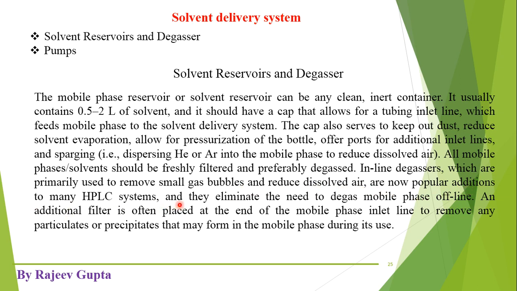Also vacuum pumps or sonicators could be used, but the most effective degasser is purging or dispersing these inert gases inside our mobile phase. These eliminate the need to degas the mobile phase offline.